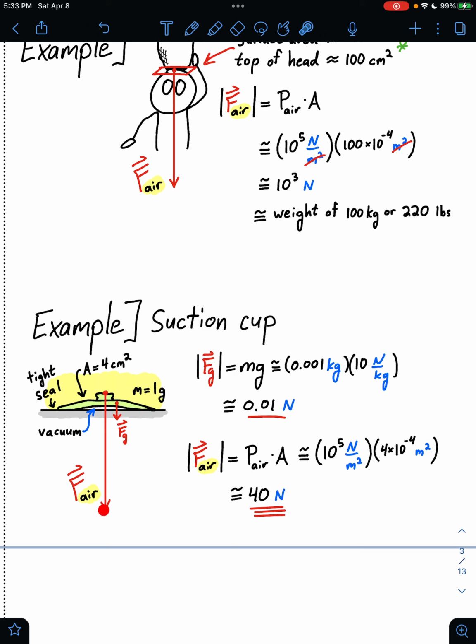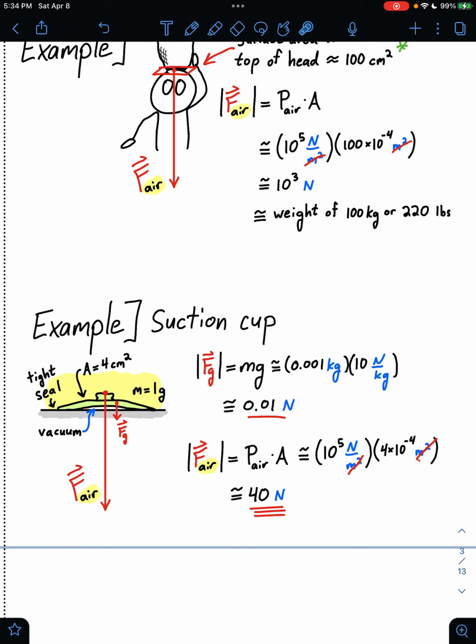But let's look at the air pressure pushing down on it. That'll be given by the air pressure in the room, about 10 to the 5th newtons per square meter, times your cross-sectional area, 4 square centimeters, or 4 times 10 to the minus 4 square meters. Meters squared cancels meters squared. And we would get 40 newtons of air pressure pushing down on it.